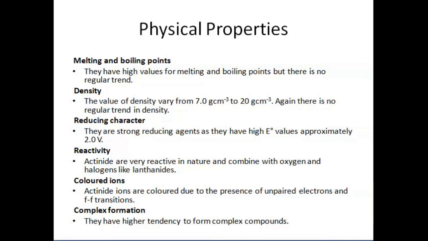Actinide ions are colored because of the presence of unpaired electrons and f-f transition which is existing in it. They also have higher tendency to form complex compounds. So these are all the properties of actinides.